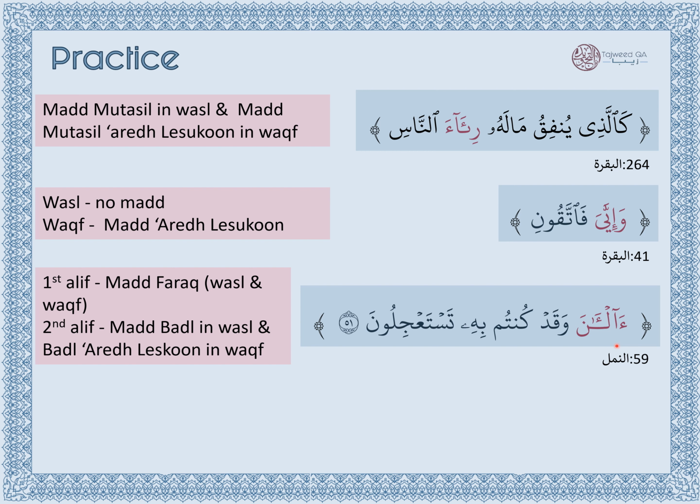There are 2 ways that we can read mad al-faraq. We can read it as mad lazim, which is 6 harakat, or we can read it with tasheel, which is with no mad. Tasheel is reading the middle letter between an alif and a hamza without any mad. So if we read it with mad lazim, it will be as follows: al-ana.